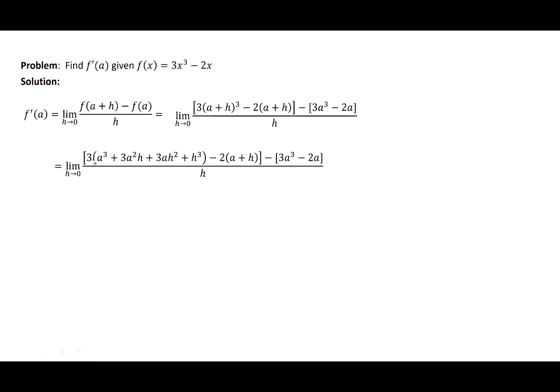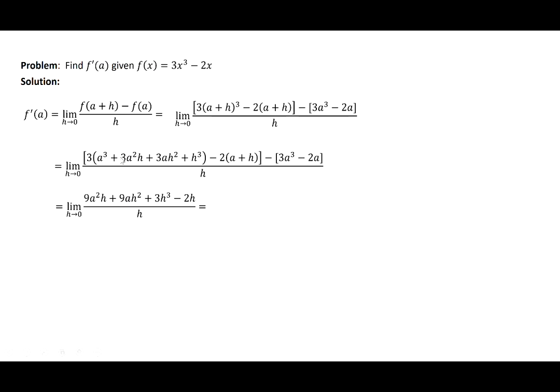Right, now I'll distribute the 3. Well, I think I did this in my head. Let me show you what I did. I took this 3 times a cubed, I get 3a cubed, but then I recognized there is a minus 3a cubed here, and that adds up to 0, so that term is gone.